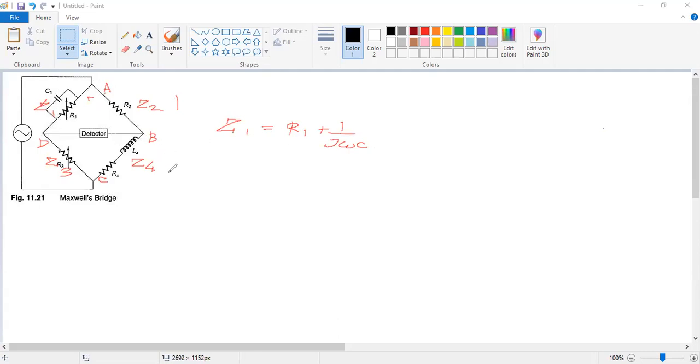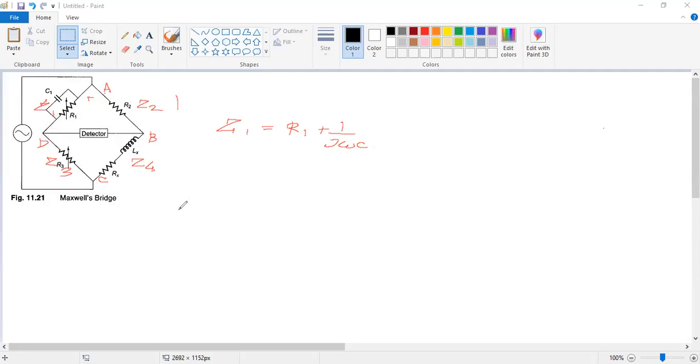Now we can find that Z2 is easily R2, Z3 is R3, and Z4 or Zx is R4 plus j omega Lx. So these arms and these arms are equal, so the impedances of Z1 and Z4 are equal.